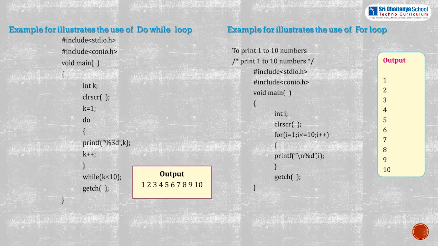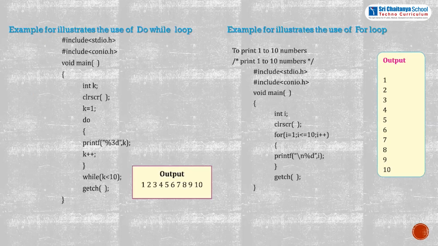Remember, the increment or the decrement operator is also mandatory here, which will be placed similar to your while loop, that is inside the loop only. Then the while condition alone has to be placed outside it, while k is less than 10, then getch.